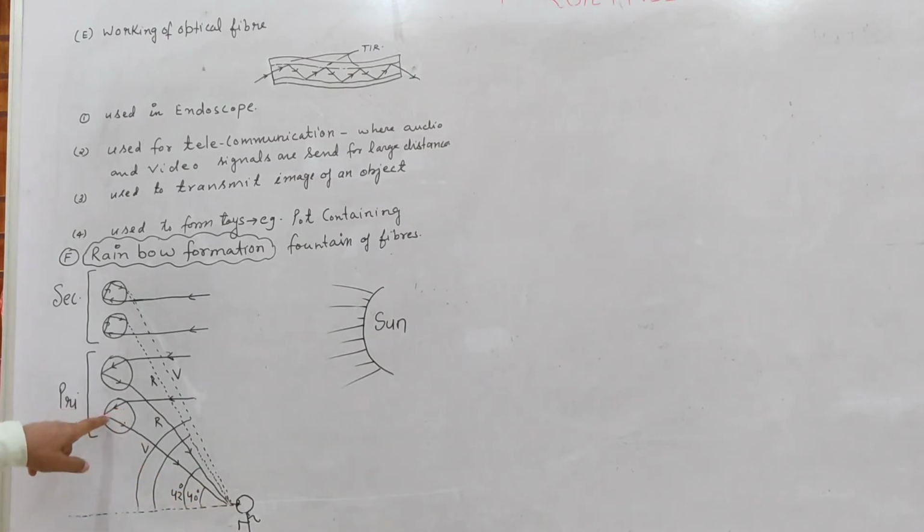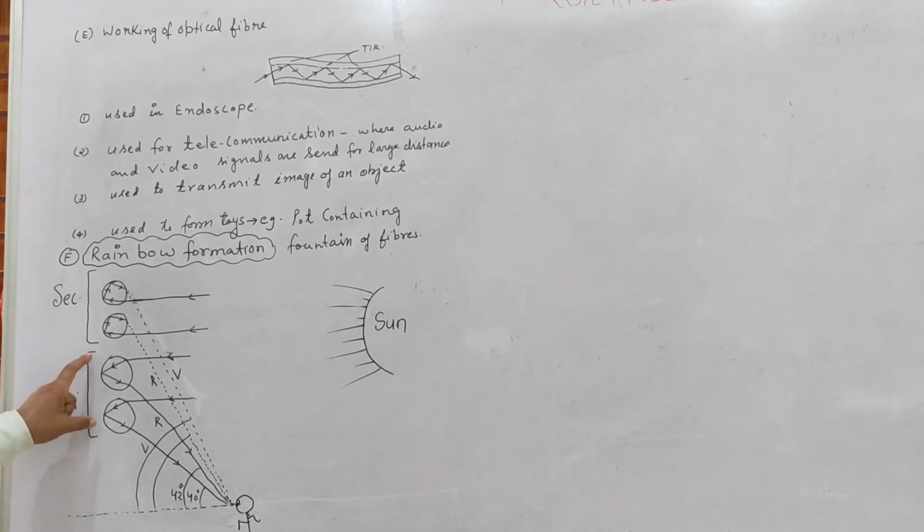From this raindrop, after internal reflection, light comes out of the drop, and suppose this is violet color. All other colors will be present in between these two. So all 7 colors are present in between these two, and this will be like an arc. Outer color will be red and inner color will be violet. Rest of the colors will be in between these two.